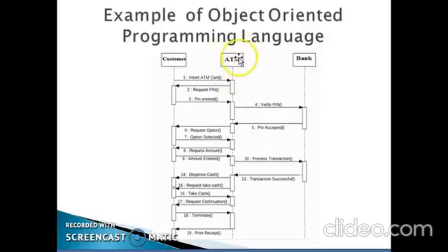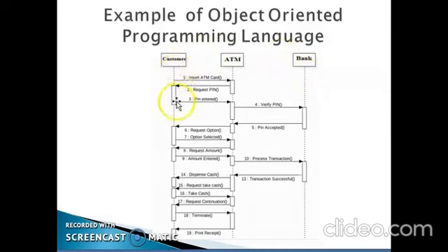So these are all features of the ATM machine object. I also have a third object. It's not a physical object, it's a logical object, right? So now there are three objects here.